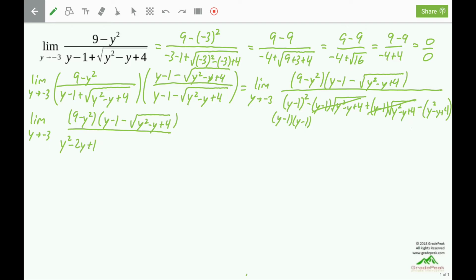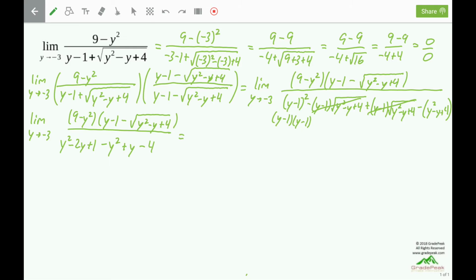And then the next thing we need to do is distribute the minus sign with this remaining expression. So we'll distribute the minus sign in there, which will give us a negative y squared plus a y and then minus a 4.